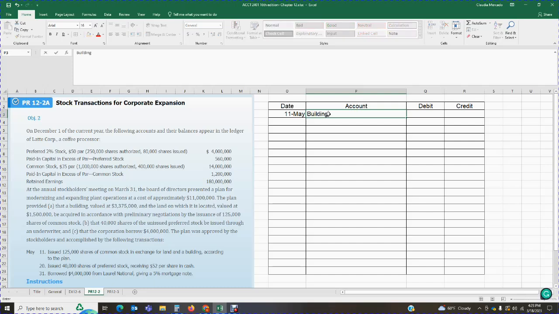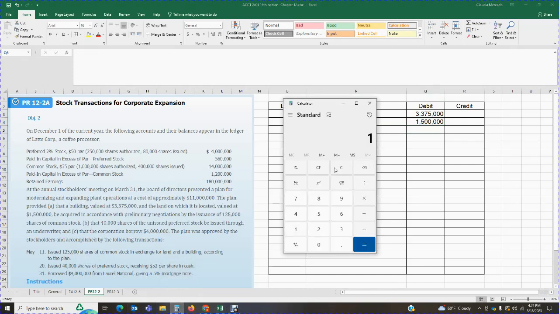We received the building, and according to the information provided, the building was valued at $3,375,000. So we're going to put that in our books. The building cost us $3,375,000. We've got land. The land was valued at $1,500,000.